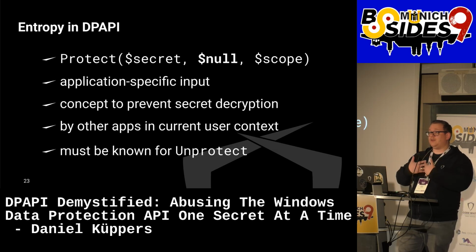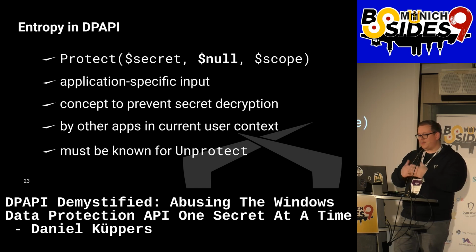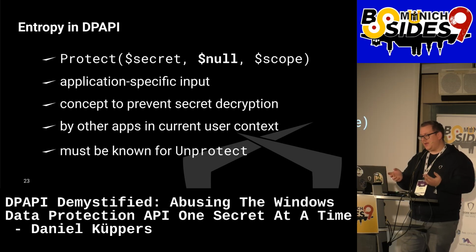They thought of encryption at rest, but then there was this problem of how do we handle this in the same context of the user when another application that might be malicious wants to decrypt secrets from another, let's say, storage or location or registry. So they came up with the entropy, and every application needs to come up with some sort of entropy.